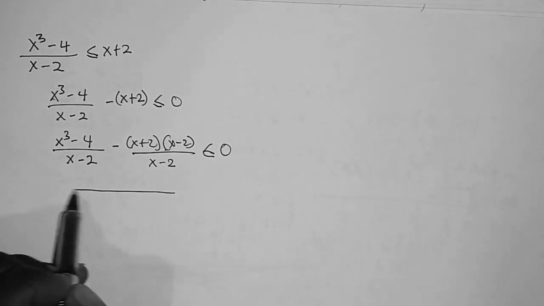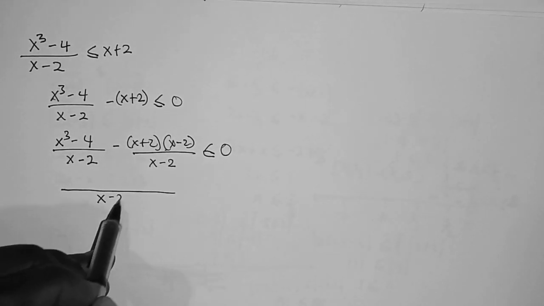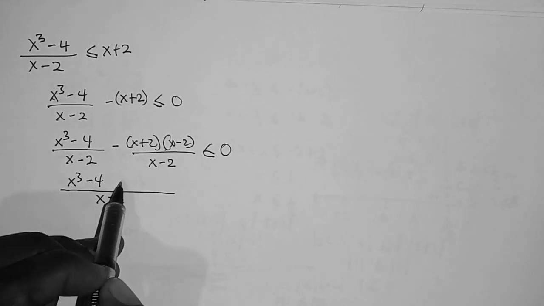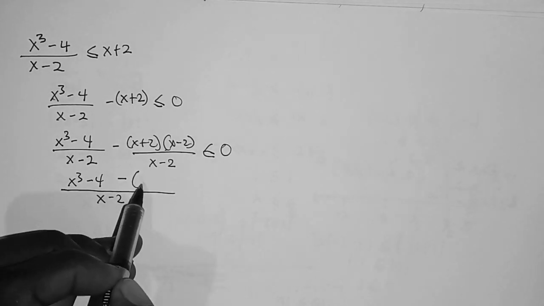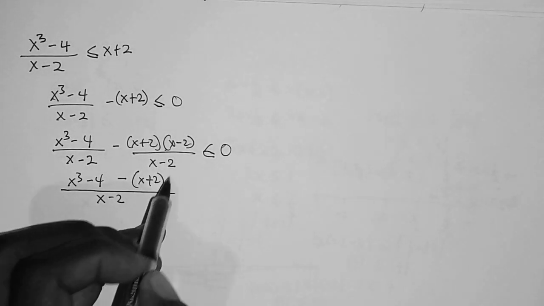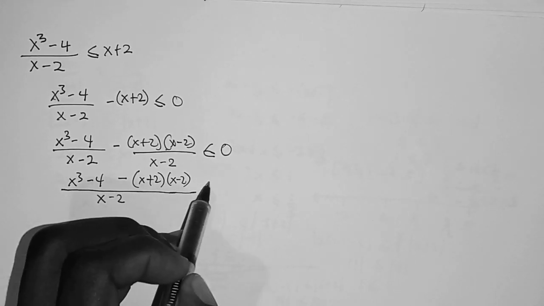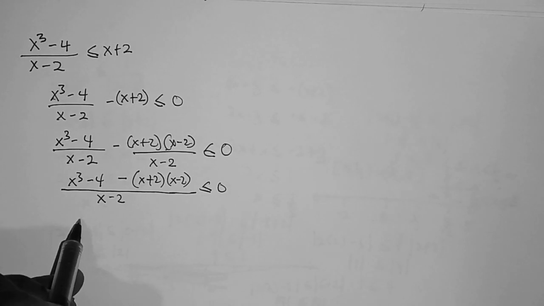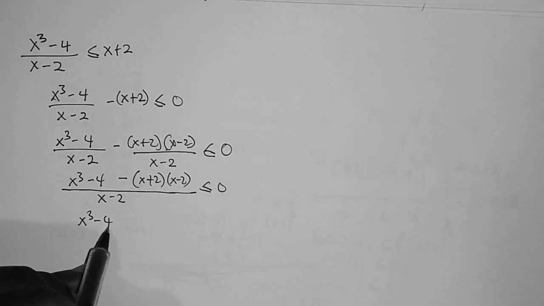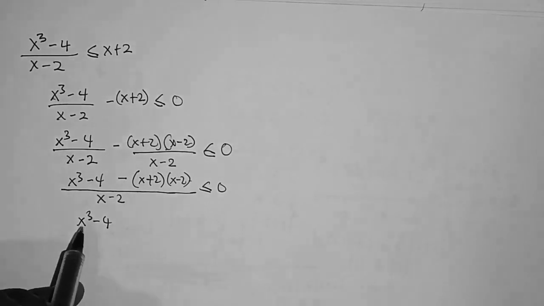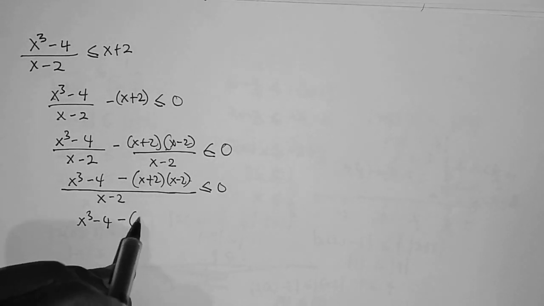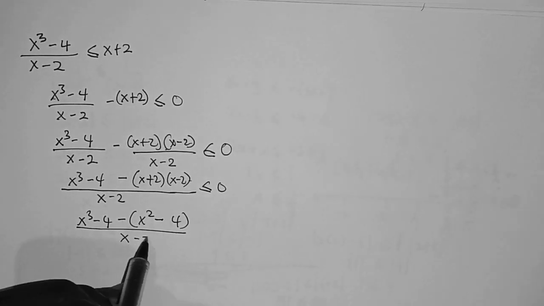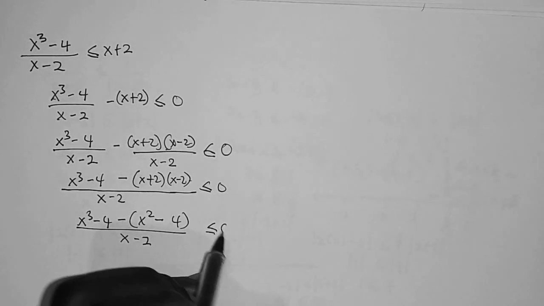But now we can find the LCM. The LCM is x - 2. So here becomes x^3 - 4, then minus (x + 2) times (x - 2), less than or equal to 0. However, you see that this is a difference of two squares. So it becomes x^3 - 4 minus (x^2 - 4), divided by x - 2, less than or equal to 0.